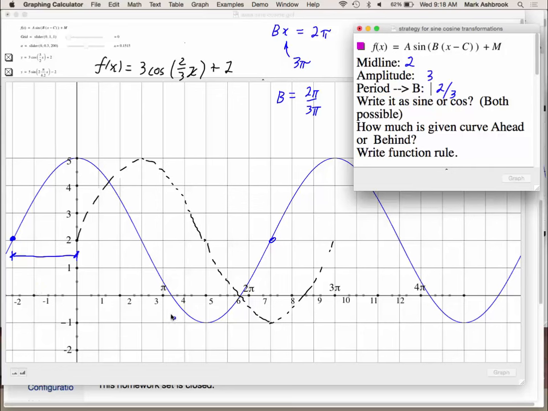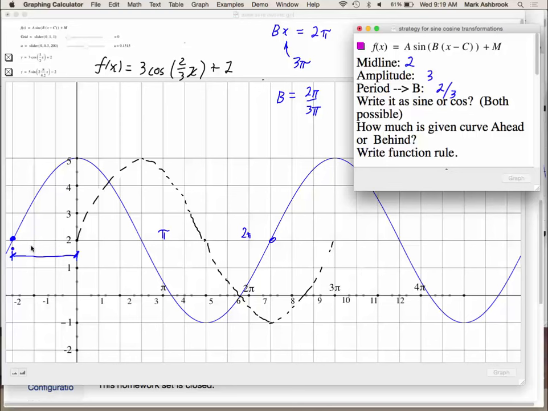Nope, we're on a pi scale, right? These are on pi scale. Here's pi right here. Here's pi. Here's 2 pi. So each one of these vertical lines is 1, 2, 3, 4.